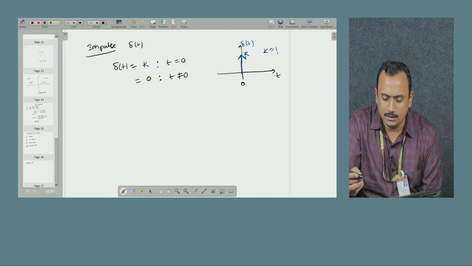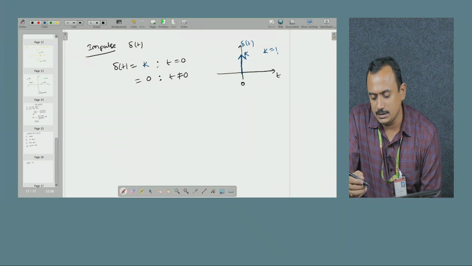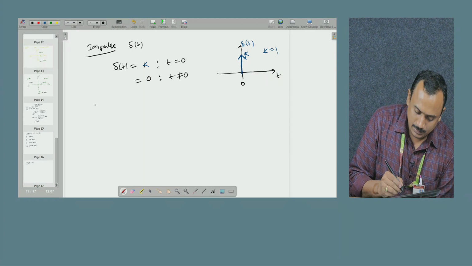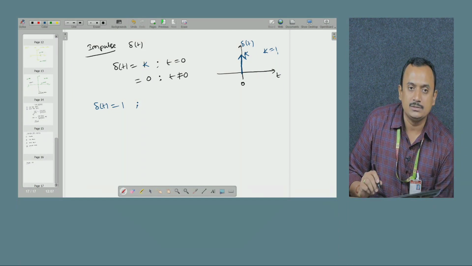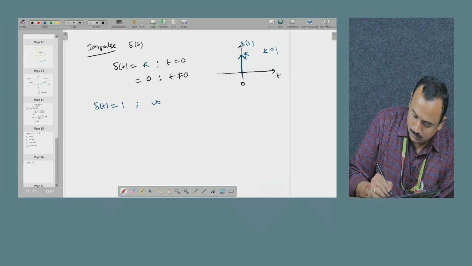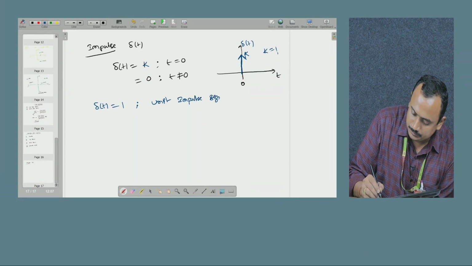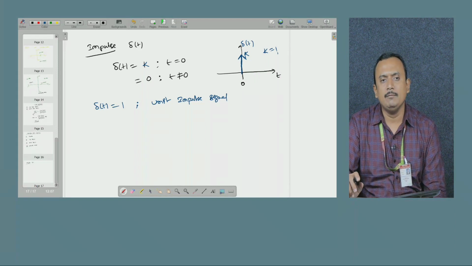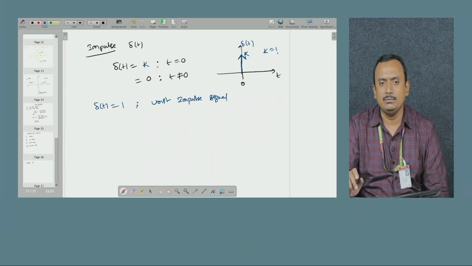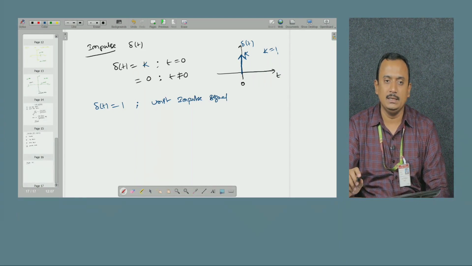Now if, let us say, k is equal to 1, del of t becomes 1. In this case, this signal is known as a unit impulse signal. If the magnitude of the given impulse signal is 1, then we can say it is a unit impulse signal.